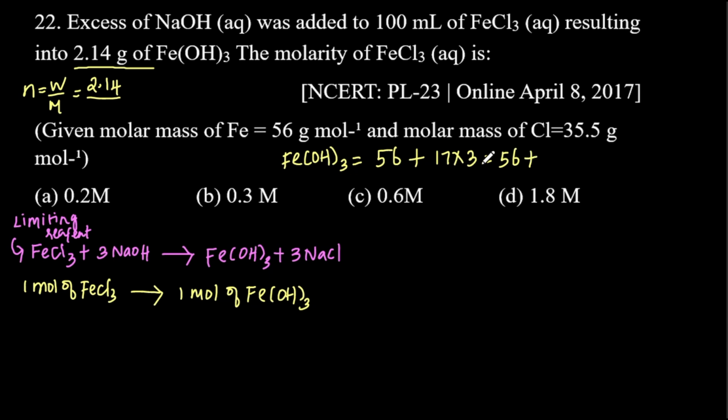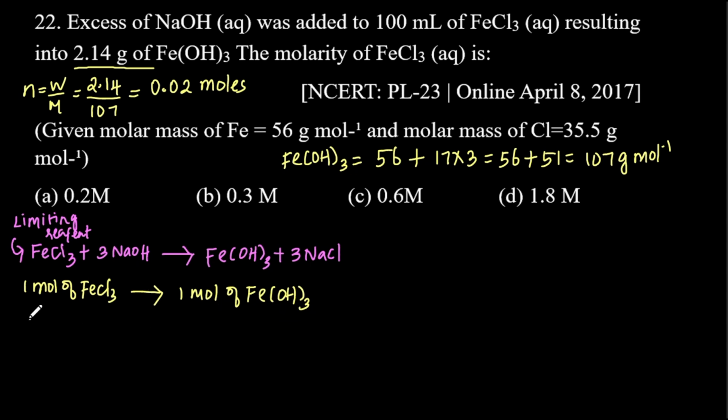56 plus 17 into 3, which is 51. So the answer is 107 gram per mole. In the denominator, we have to write 107. If we solve this, we will get the answer as 0.02 moles. Now from this equation, we have already written 1 mole of FeCl3 gives 1 mole of Fe(OH)3.